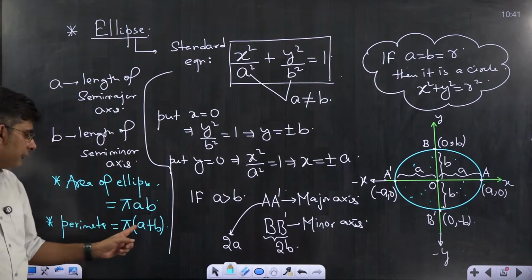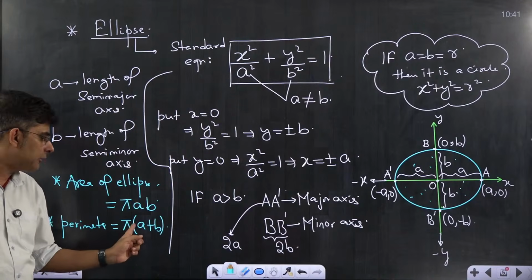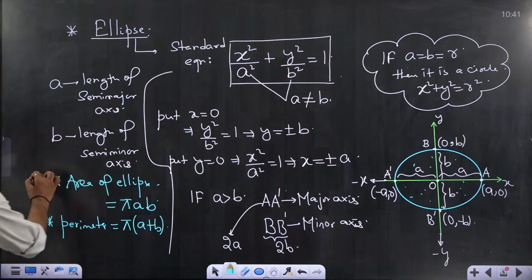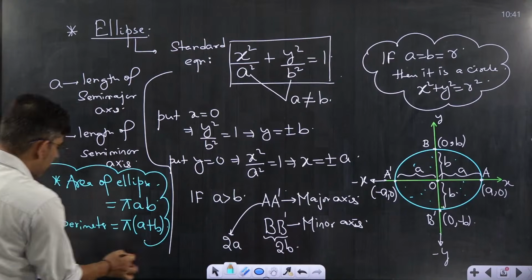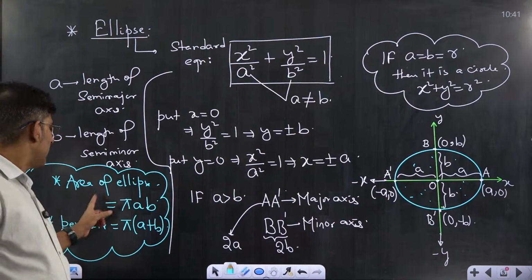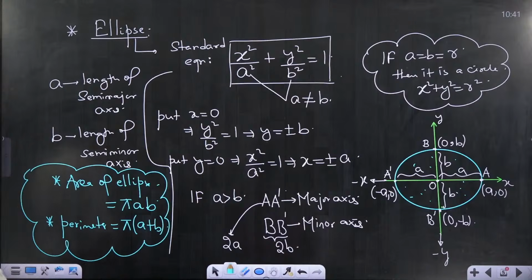Similarly, if you take A and B as R, you will get the perimeter of a circle, pi into 2R, which is 2 pi R. So these are very, very important results when we have the semi-major axis and semi-minor axis of an ellipse given. The area of an ellipse is pi AB and the perimeter is pi times A plus B.